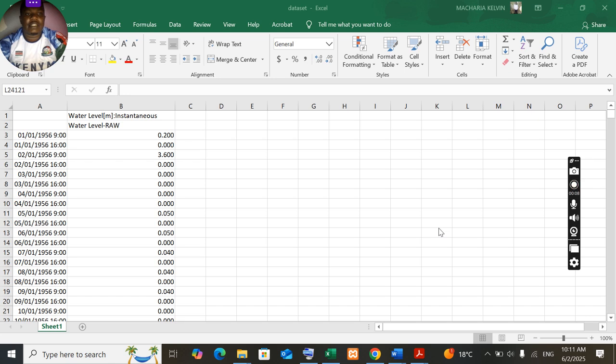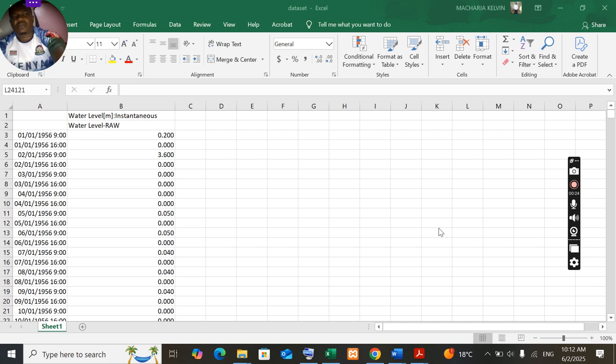Today we shall look at data analysis. Data analysis is the process that involves the collection, manipulation, and examination of data for getting a deep insight.